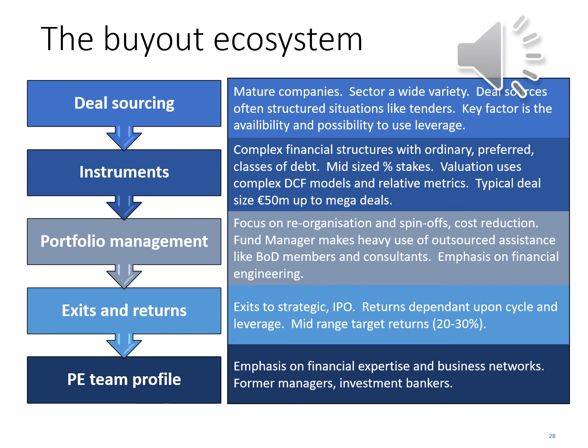The instruments will be more complex because buyout funds like to borrow money to buy the companies as well as putting their own money, and so the financial structures will be more complex, and the valuation will use DCF models and relative metrics. The typical deal size of a buyout will be 50 million plus. The portfolio manager is different because we have a management in place.